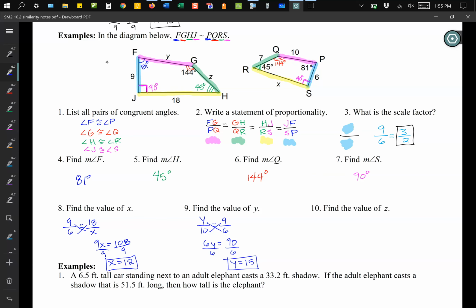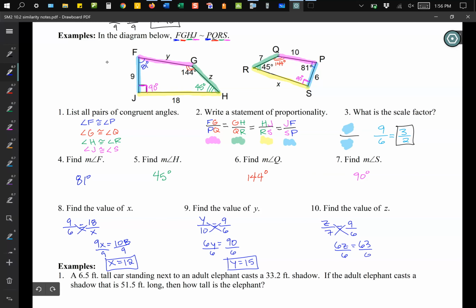Last one is z. So z over 7 equals 9 over 6. Green over green equals blue over blue. So you get 6z equals 63.